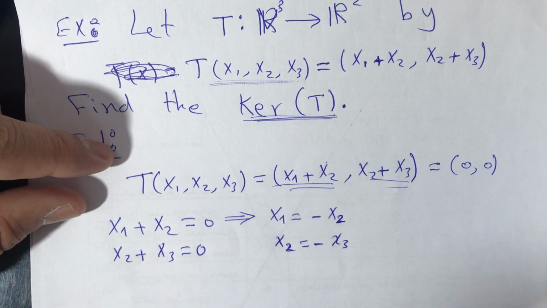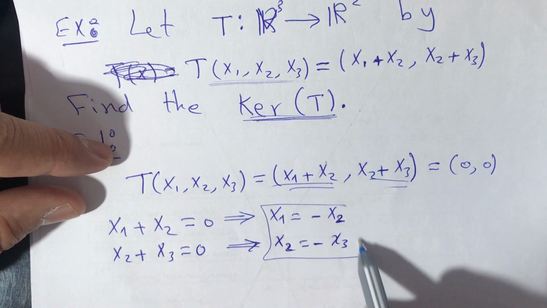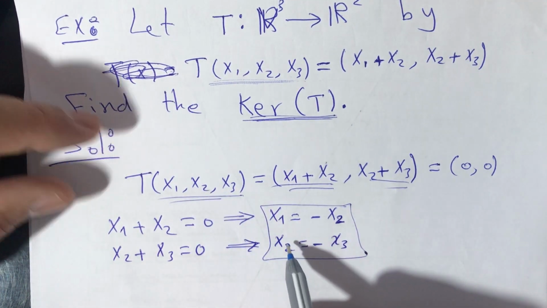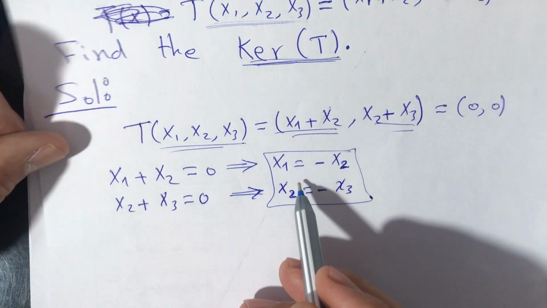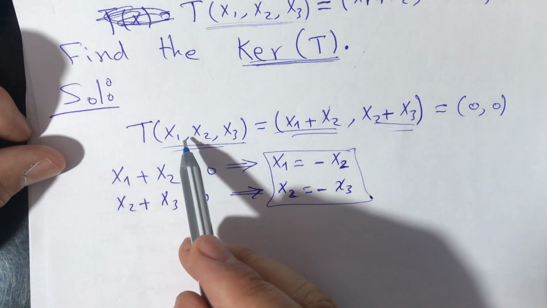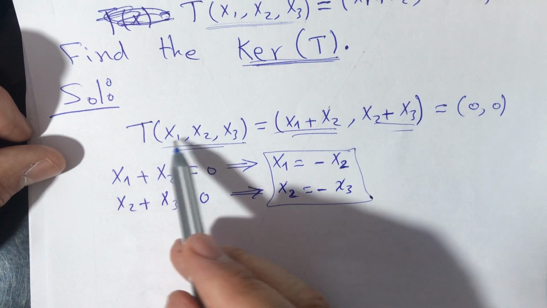So if any point belonging to R3 satisfies this condition, the image of this point under T will be 0.